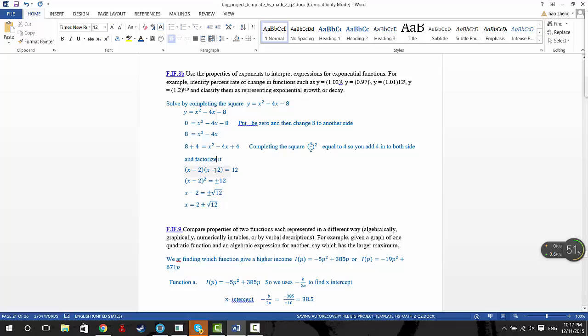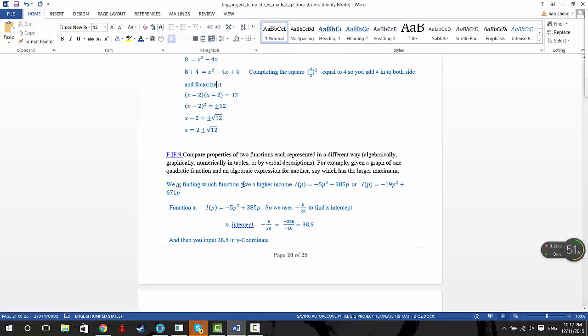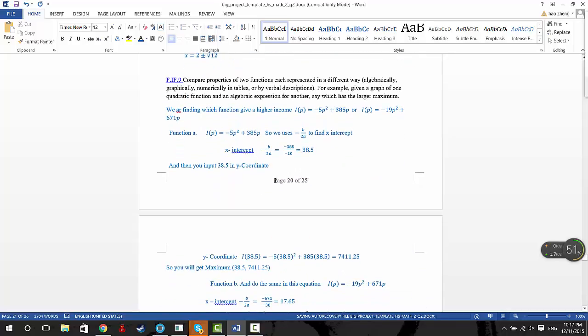Negative 2 times negative 2, we get a 4. And negative 2 minus 2 will be negative 4. Yeah, correct. In here we do all the things again. We move to the other side and we get this thing. Yeah, it's correct. And compare properties in a different way.